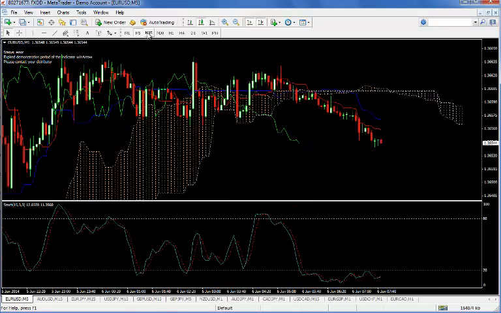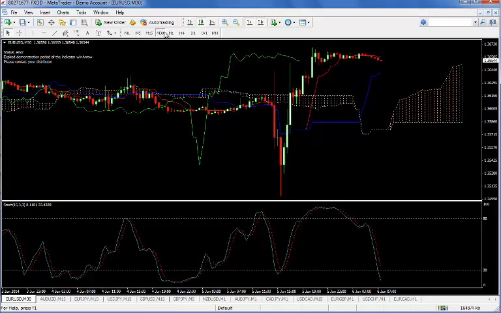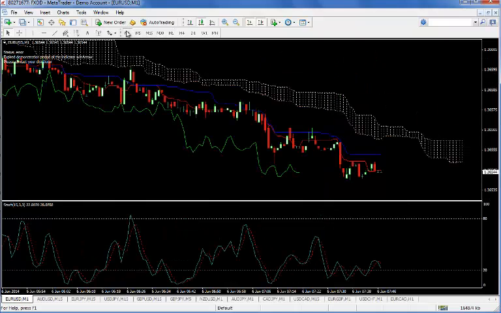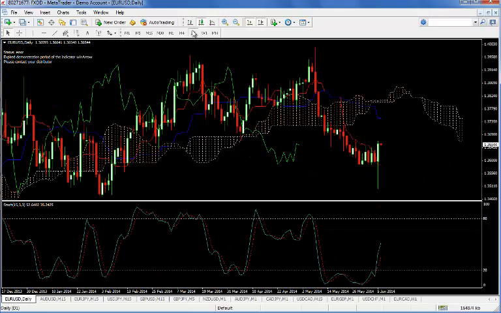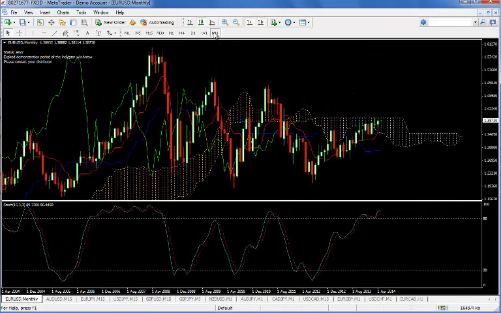Well, from 5, 15, 30, an hour. 1 green. And these are probably 2 green. Well, no, 1 green. 2, 3.